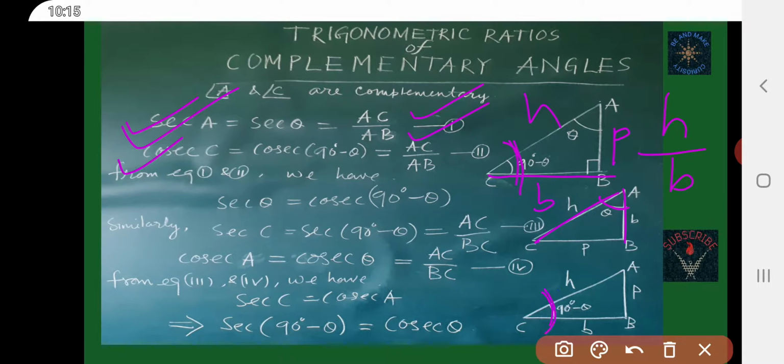Okay. So here you get H by P, that is AC by BC. Okay. So you see equations 1 and 2, you get right sides are equal, so you can write left sides also equal. So here sec theta is equal to cosec of 90 degrees minus theta. You must remember this. Okay.